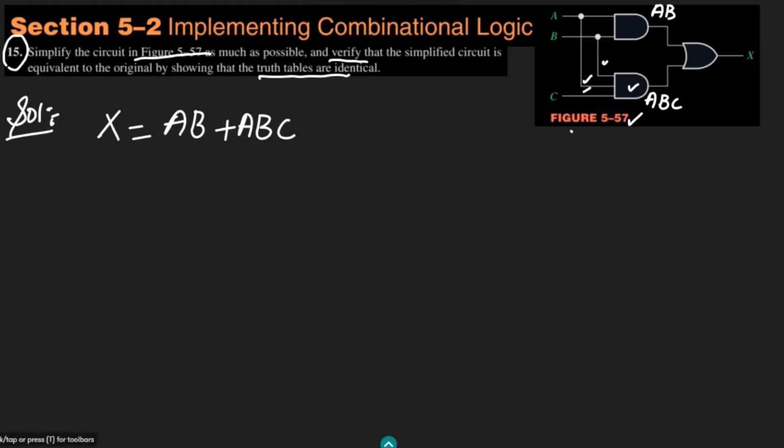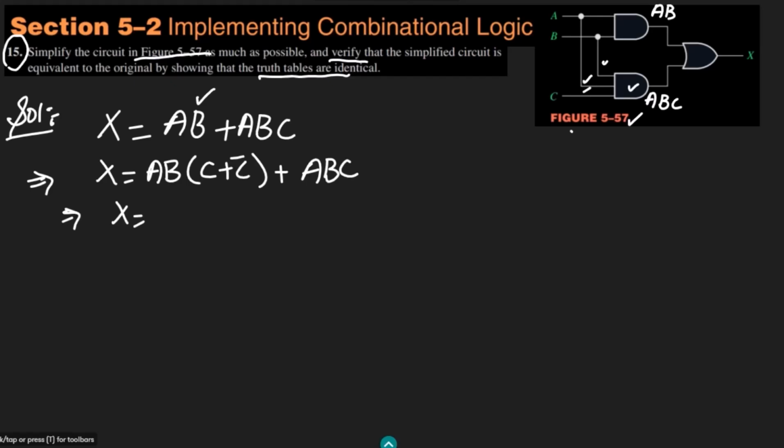We can also convert it to the standard form by multiplying this term with C plus C complement. So X will be equal to AB(C plus C complement) plus ABC, and the output of it will be X equal to ABC plus ABC complement plus ABC.